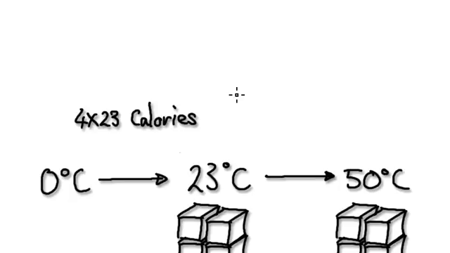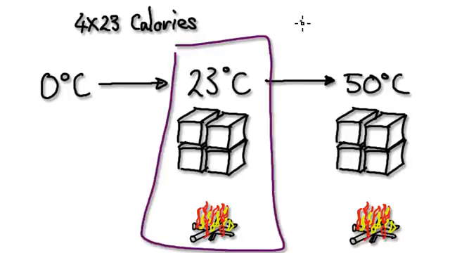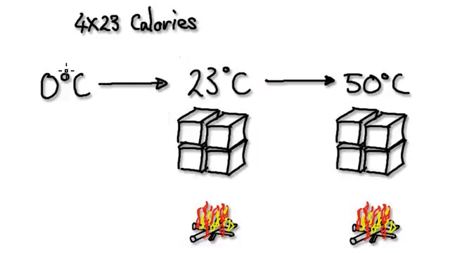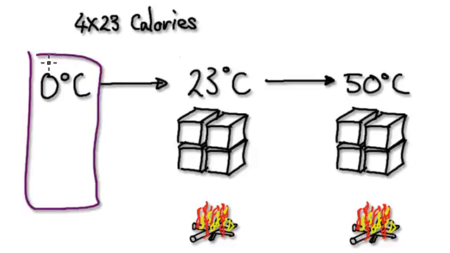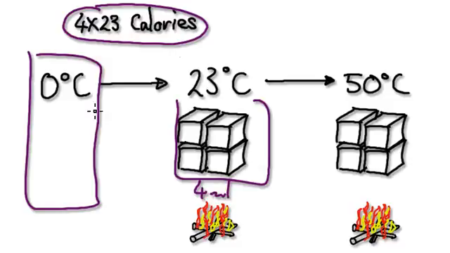Let's look at this scenario, where it's currently at room temperature. Let's just imagine it is currently at 0 degrees. If you inject this many calories into 4 milliliters, then you're going to bring it to 23 degrees Celsius.